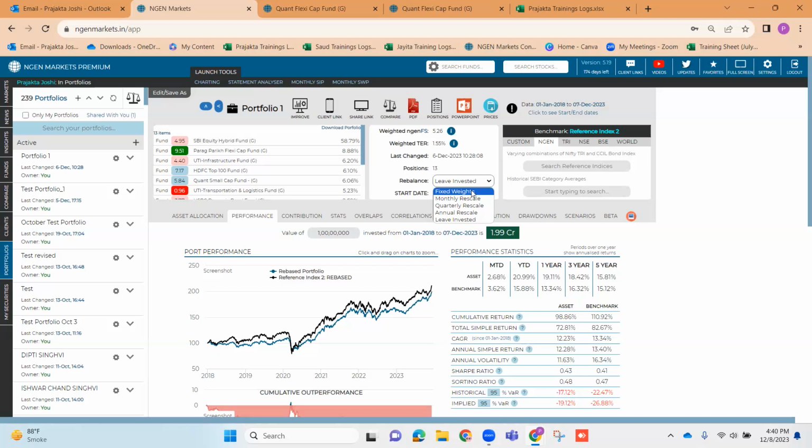Sometimes you'll get a good entry point, sometimes you won't. So to look at the historical benefit of doing an SIP versus not is kind of pointless because you don't know. It's completely random, right? It's not like every month when we invest, we are definitely getting a better entry point than the middle of the month or anything else, or even a lump sum.